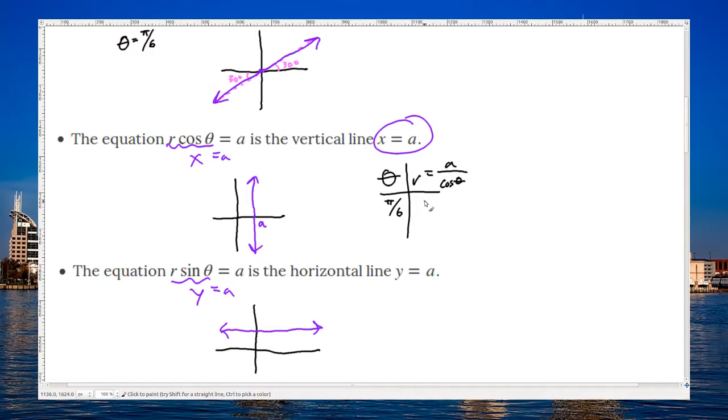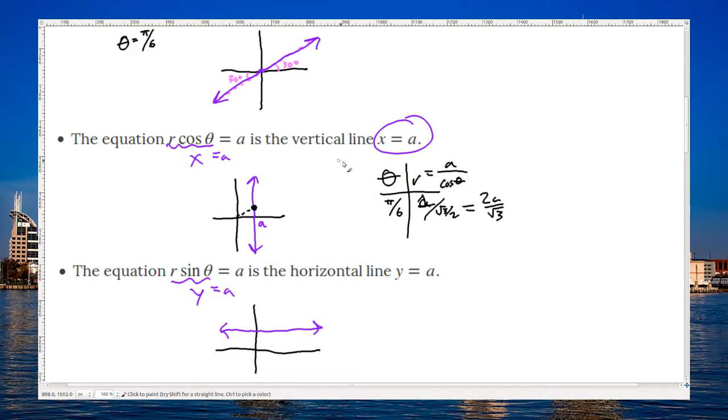So that's going to be a divided by cosine of pi over 6, which is root 3 over 2. And that would be 2a over root 3. And if you plug that into a calculator, let's just say a is equal to 1, for instance, you can see that that would get you this point right here.